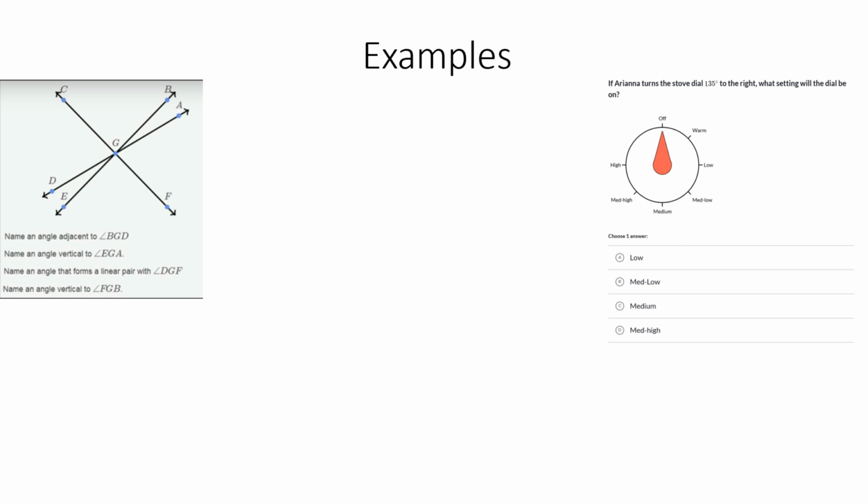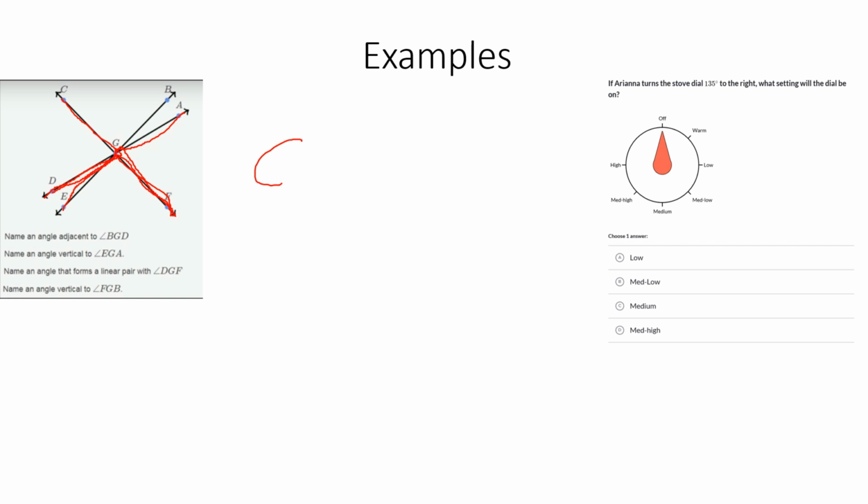Name an angle that forms a linear pair with DGF. Let's draw DGF. Okay, boom. We could do EGF. Then also DGC or AGF. Wait, will EGF work? I think so, yeah.